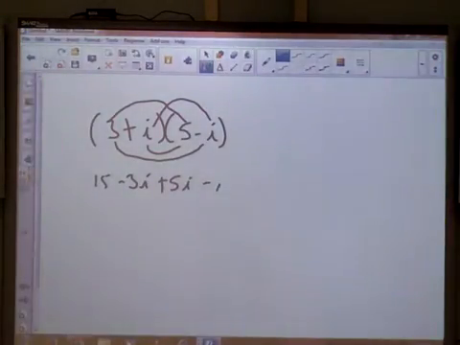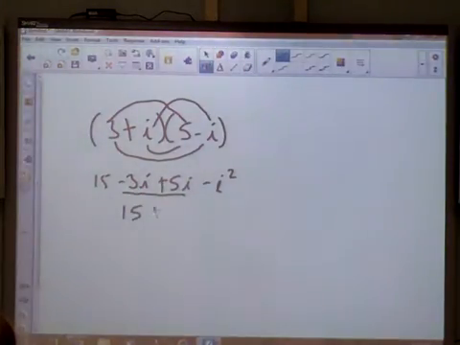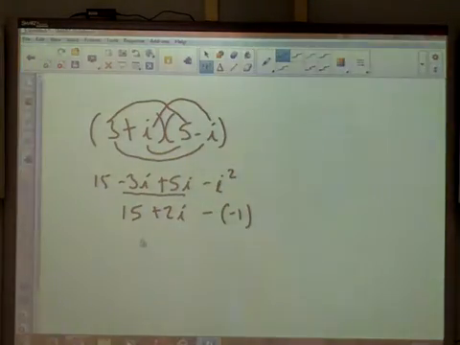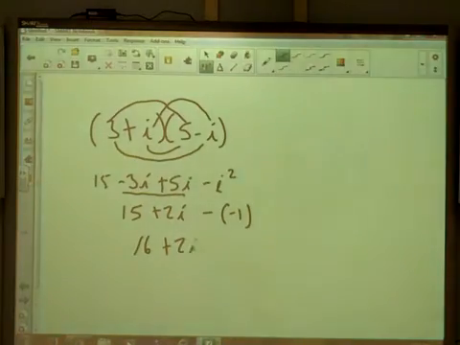What's i times i? Squared. Okay. Now, everybody all right on that step? Now we've got like terms in the middle. Negative 3i and 5i is a positive 2i, and then minus, what's i squared the same as? So I got minus, because of that sign, minus negative 1, which turns that to a positive 1. So 15 minus negative 1 is the same as 16.